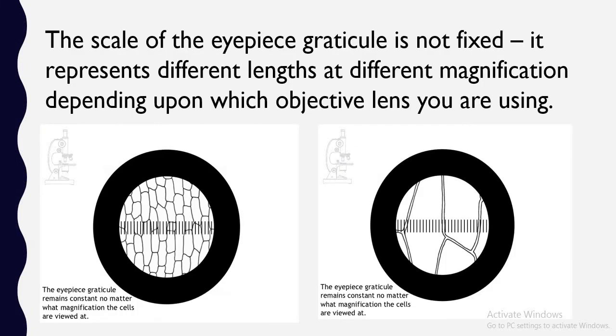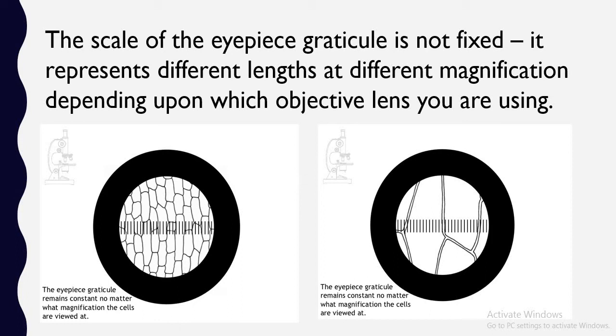Now I want you to note this point: the scale of the eyepiece graticule is not fixed. The eyepiece graticule which you have placed is fixed, but the scale is not fixed. Why? Because your objective lens has different magnifications.